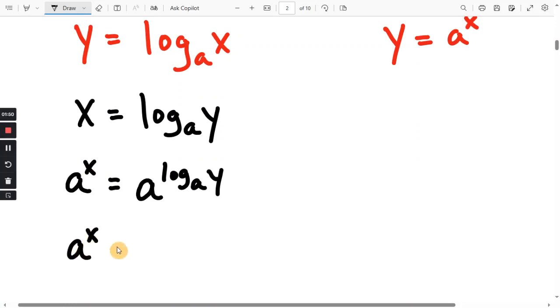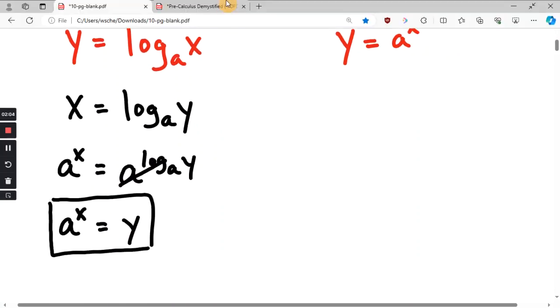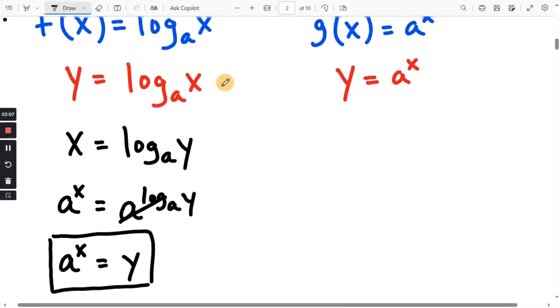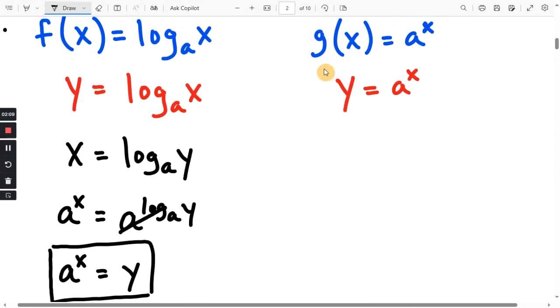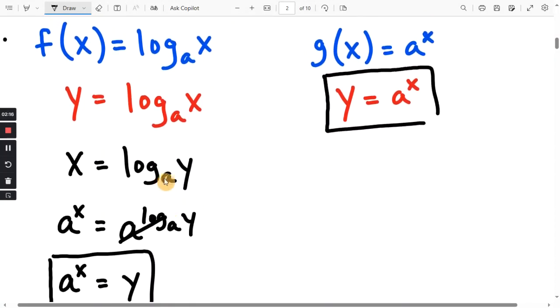When this base matches this base, these cancel, and you're just left with y. So y equals a to the power of x, and that is exactly what I have right here on the other function. So that is the proof that these functions are inverses.